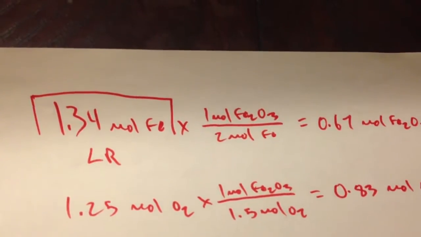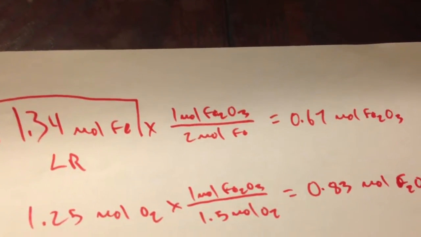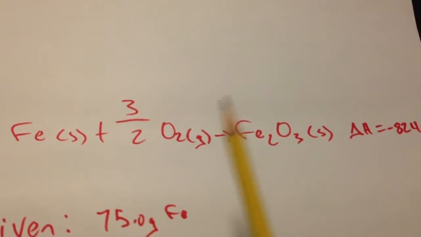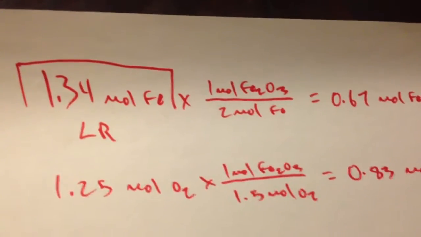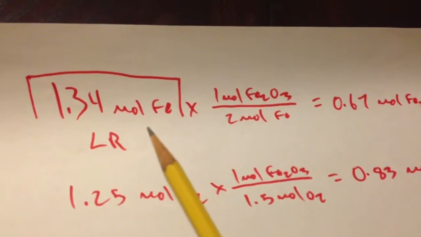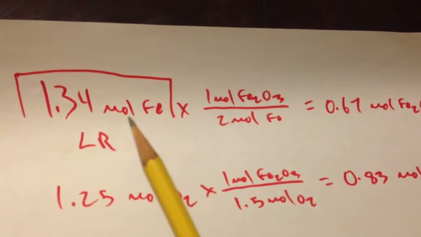Next, we are asked to identify the limiting reactant when the mixture is heated to produce Fe2O3, which is shown in our equation right there. We do this by using the moles of Fe that we calculated before.